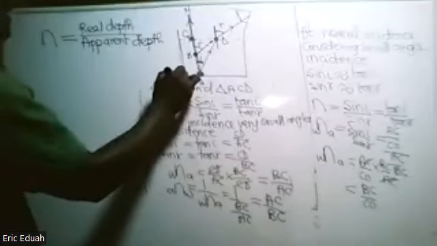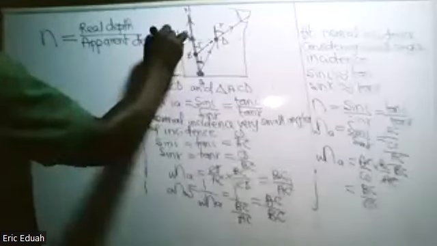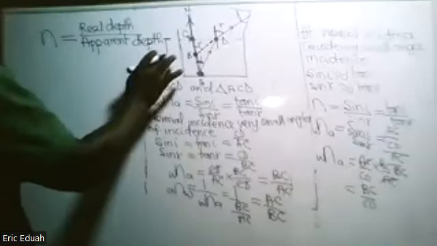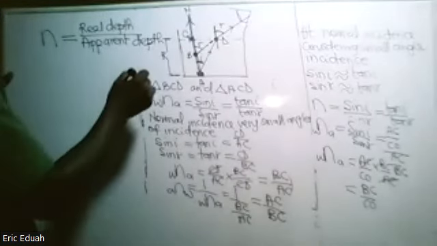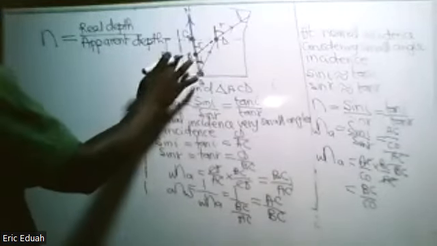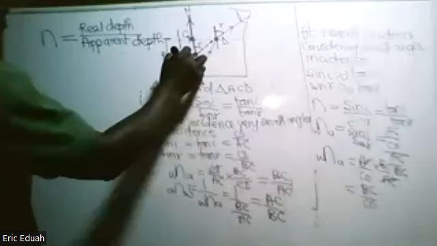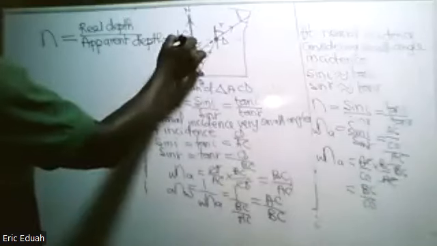Please, is that okay? Now, the next thing you have to understand is that this is the real depth, which we are representing as R. And then this is the apparent depth. It is measured from the surface of the water or of the denser medium.